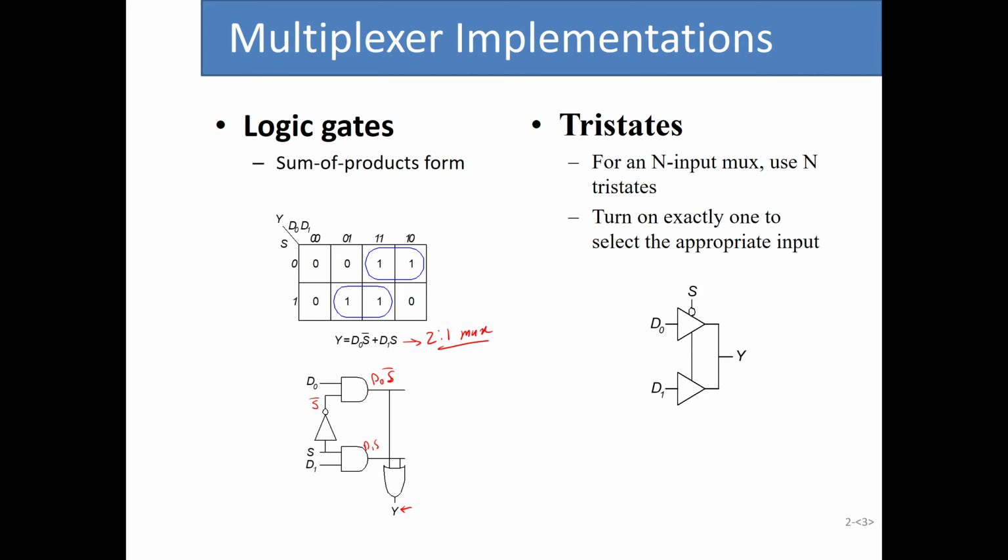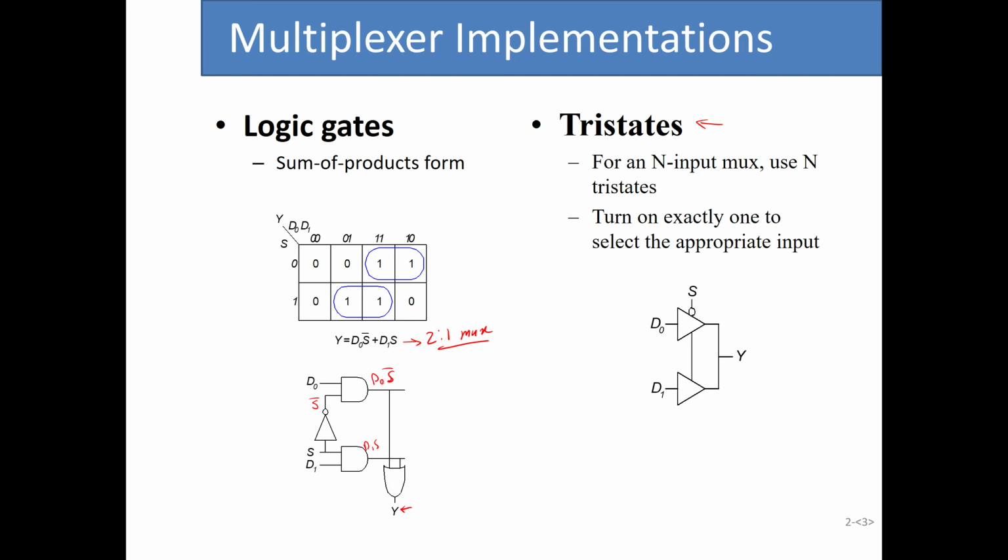But this is not the only way to implement multiplexers. Another way of implementing multiplexers is by using tri-state buffers. If you remember from before, we said that tri-state buffers are buffers that have a control input as well, or an enable input as well. What does it mean?